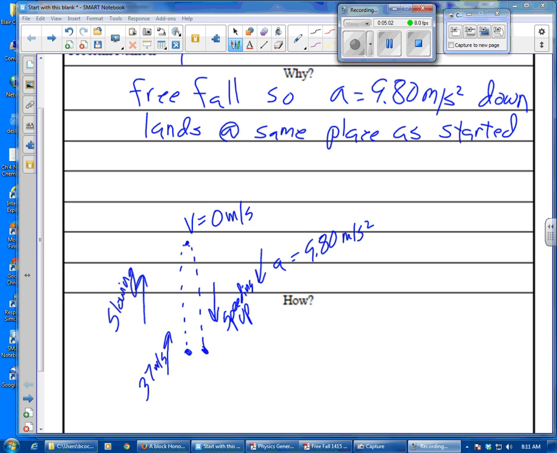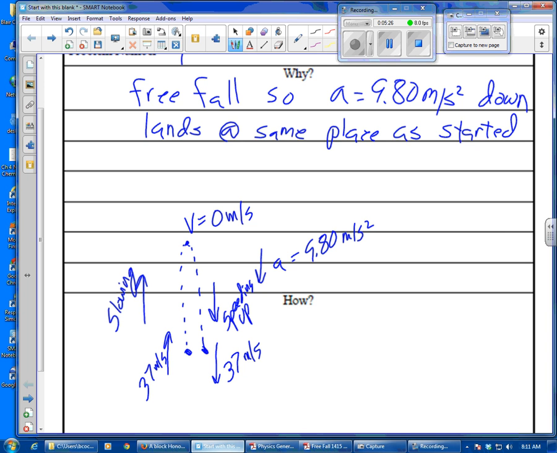So by the time it gets here, not only is it going to take the same amount of time to go up as it does to come down, I also know that right here at the bottom, it's going to be moving at 37 meters per second downwards. That's not something I would expect you at first glance to pick out the first time you've seen one of these.